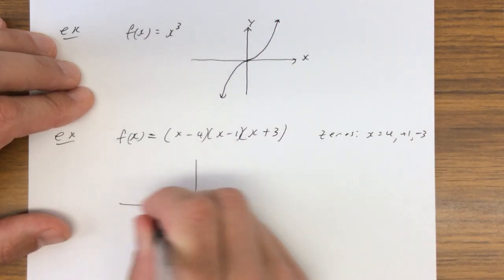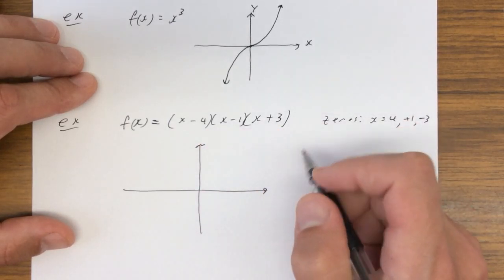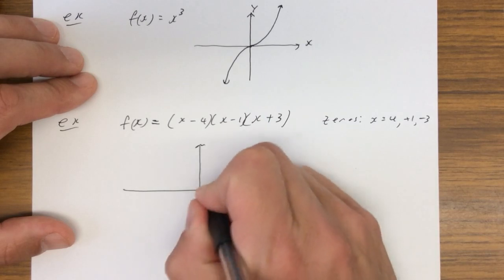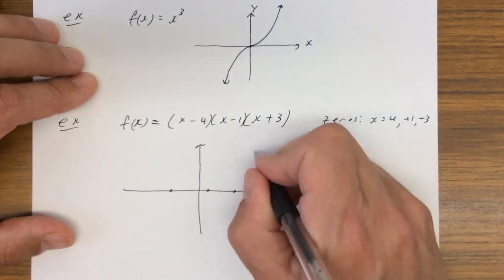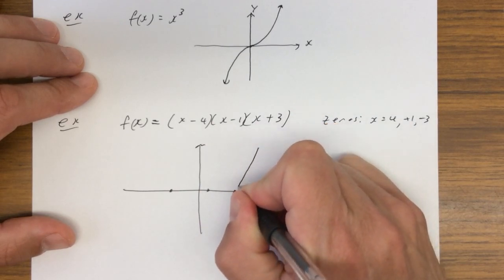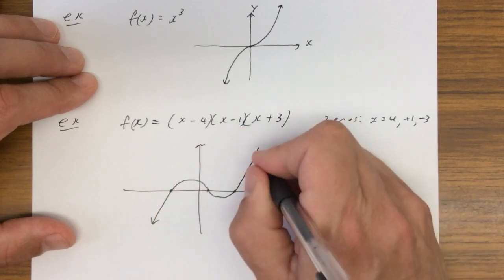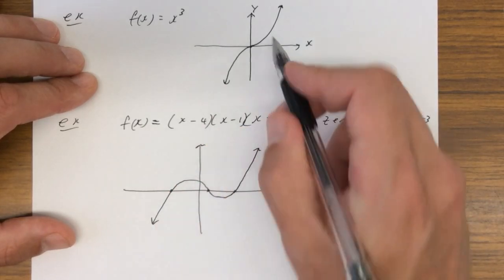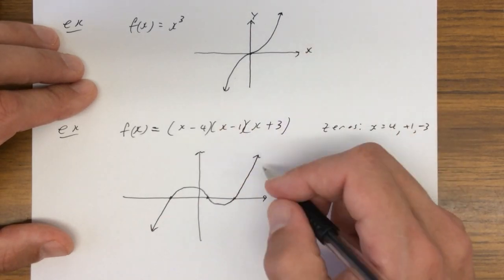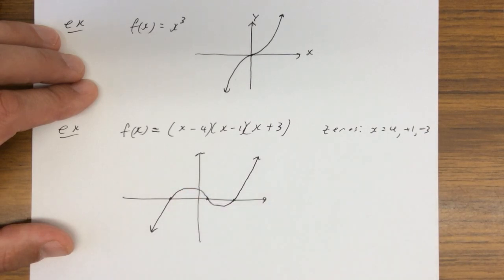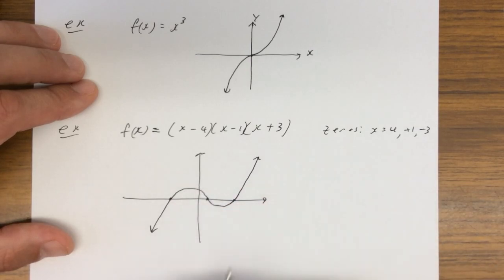So when we go to graph this, we're going to plot the x-intercepts, 4, 1, and negative 3. And we're going to start like this. We're going to go through, back, through, down. So the ends of this look like this cubic. Okay, the ends go in the same direction. But the middle is a little bit more complicated because of the x-intercepts. So it has to go through and down.